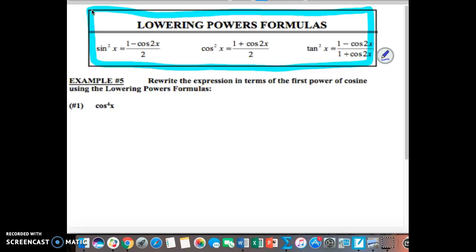For example 5, it asks us to rewrite the expressions in terms of first power of cosine by using the lowering powers formulas. So number 1, we have cosine to the fourth power of x, which we know can be broken down into cosine squared of x times cosine squared of x.